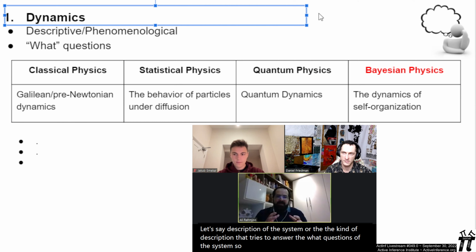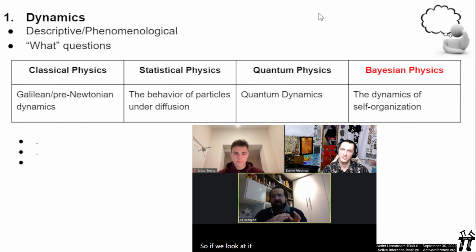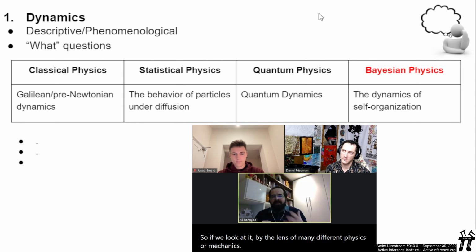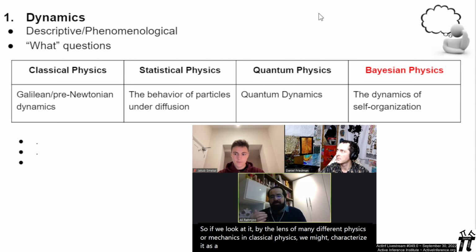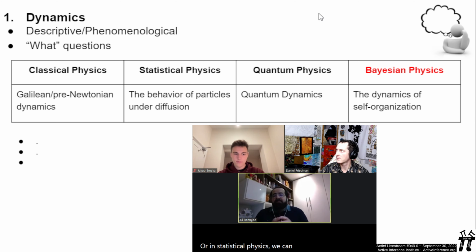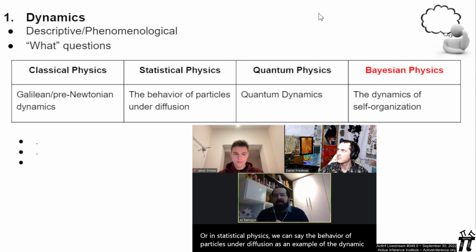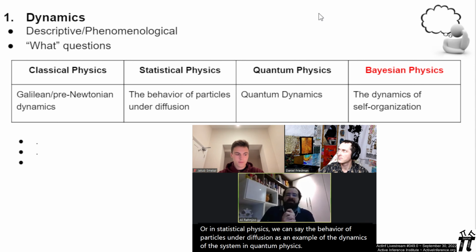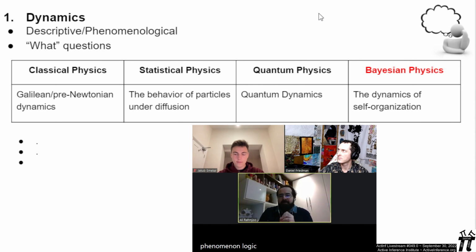So if we look at it through the lens of many different physics or mechanics, in classical physics we might characterize it as a kind of Galilean or pre-Newtonian dynamics, or in statistical physics, we can say the behavior of particles under diffusion is an example of the dynamics of the system. In quantum physics, we can talk about quantum dynamics as this kind of phenomenological description.